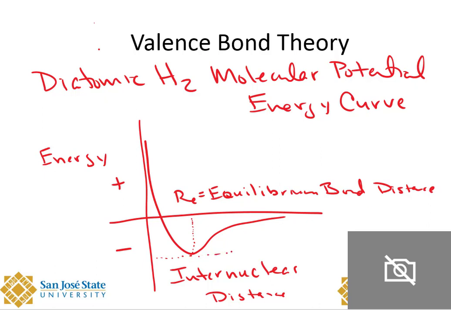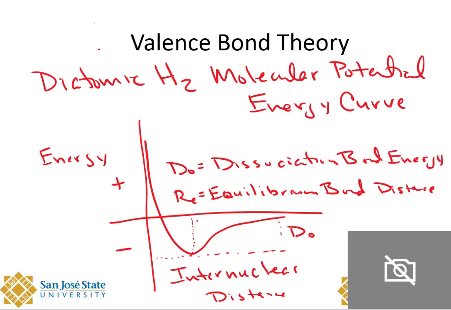And we also have the depth of the well, which we're going to understand as D0. And D0 is our dissociation bond energy.